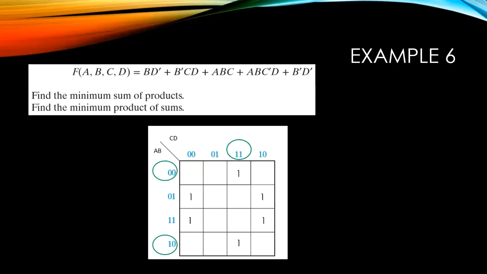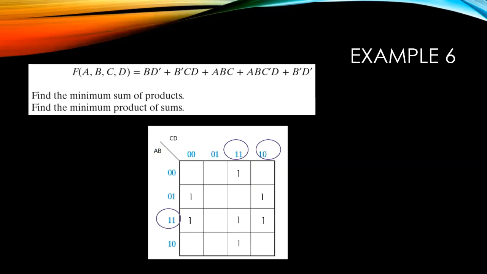And for ABC, we have a missing variable, which is D, so we could derive 2 min terms. Just look for AB equal to 1 and C equal to 1, and fill up the intersection of these rows and columns. If a cell has already been filled up, no need to write 1 again. Just the unfilled cells.